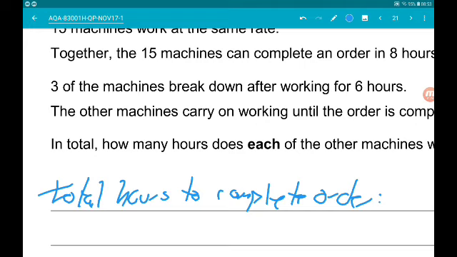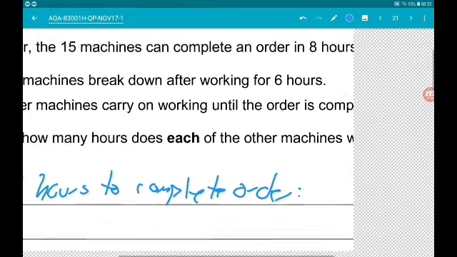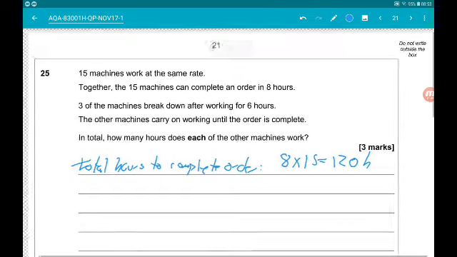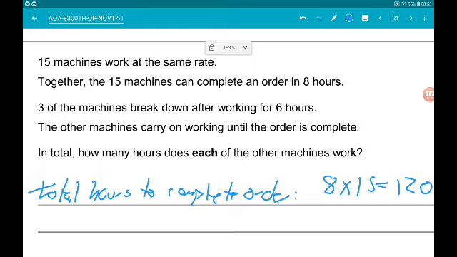Well, we got 15 machines working for 8 hours each. So that's going to be 8 times 15, which is 120 hours. So even though the machines are only working for 8 hours, we add their times together because they are each contributing 8 hours.